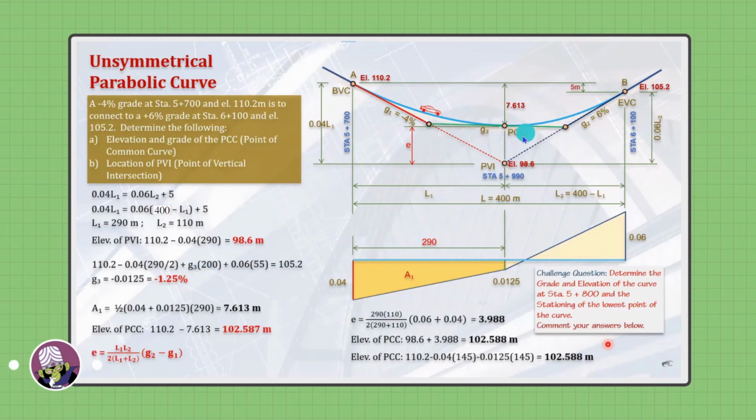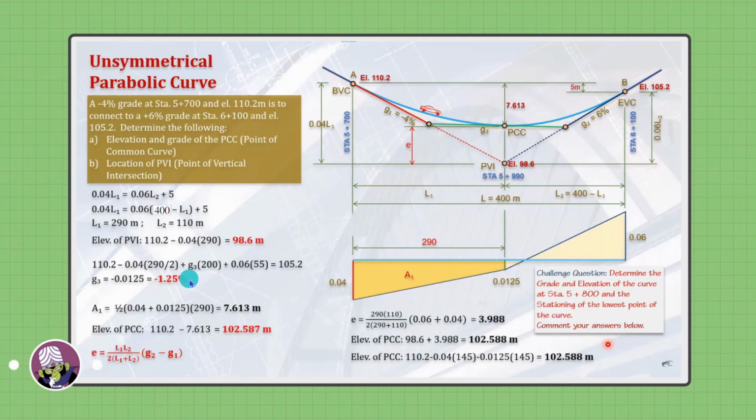So that's why it is G3 multiplied by 200, because L over 2 is equals to 200, plus 0.06 times 55. Why 55? Because if we divide 110, the L2, by 2, it is 55. And we have a positive 6% gradient is equals to 105.2.